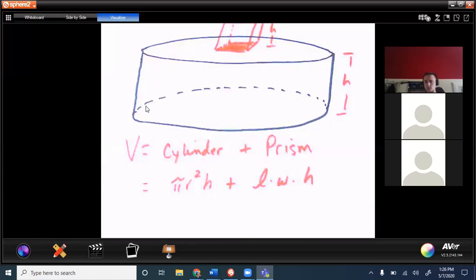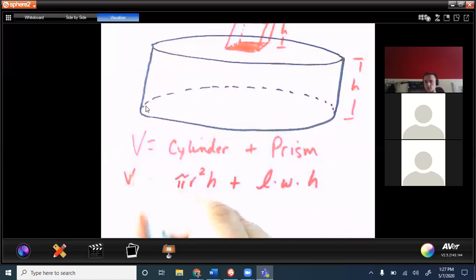That's a little bit better. So we have a cylinder plus a prism, and that gives you, it's a fairly long formula, but that's how you find the volume of a composite figure. Okay.